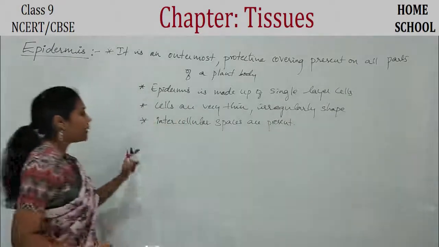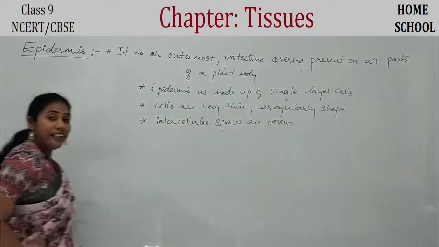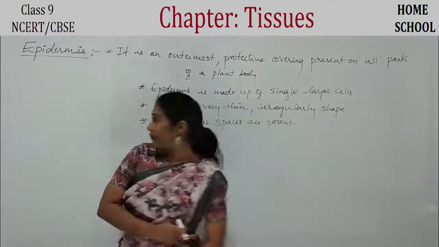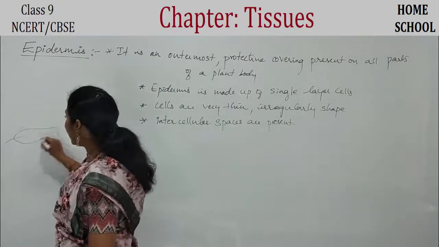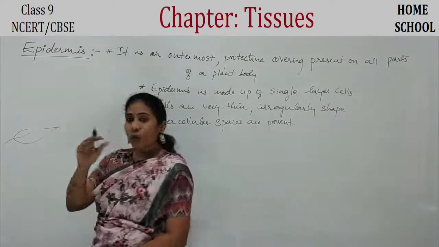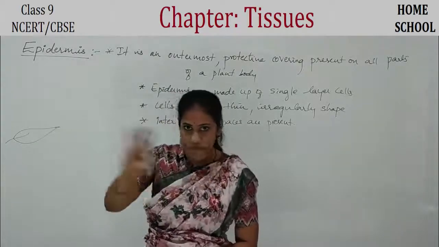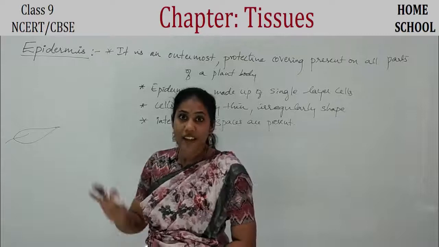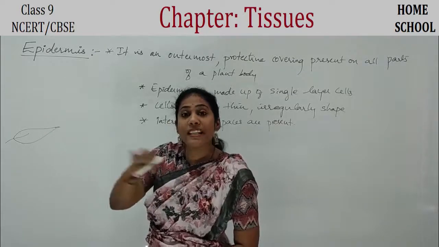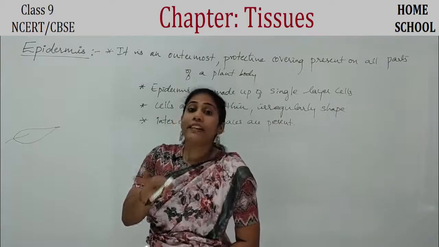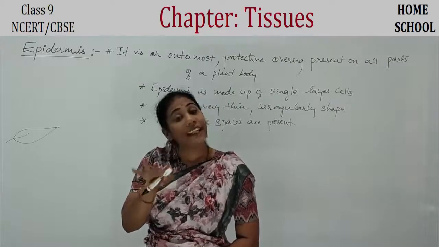Clear? Say for example, I will draw a leaf now. Say if this is a leaf, the very much surface, the surface that you see with your eyes, that surface is what? When you touch it, initially, that starting layer present on a leaf itself is what?